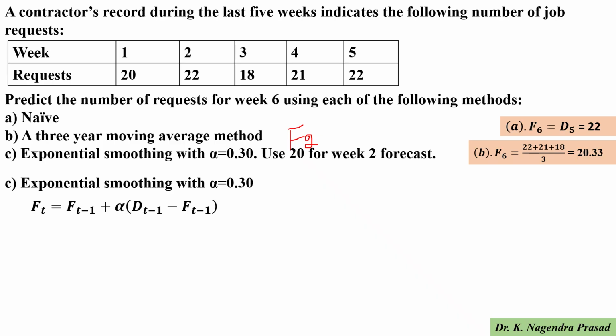Here I have to determine the forecast value of the 6th week, that is F6. So F6 equals F5 plus alpha times (D5 minus F5). But we don't know the F5 value, so first we have to determine all the forecast values for each week.